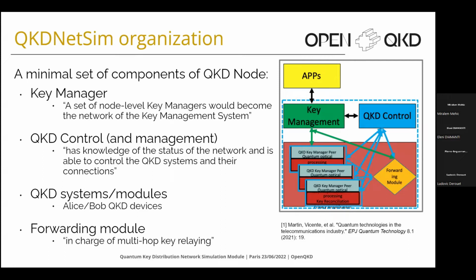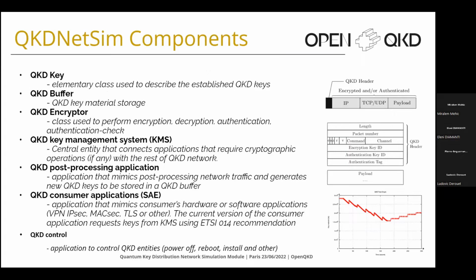There is a QKD control, to control the devices, the status, the measurements. Then we have the QKD systems that are producing keys, and also an independent forwarding module that is in charge of finding the routes for the delivery or key relay functionality. So we implemented all of these components inside of our simulator.